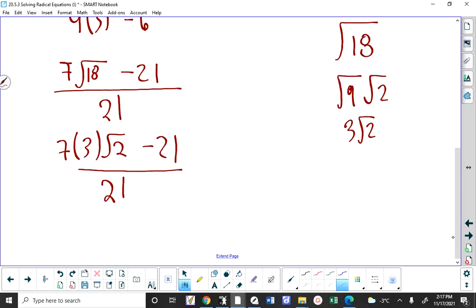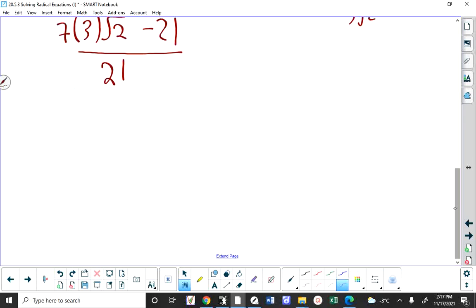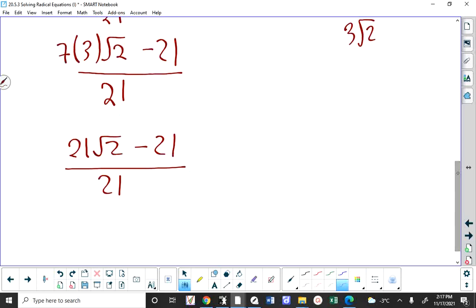Wow. We end up with 21 root 2 minus 21 all over 21. I'm really hoping the answer is root 2 minus 1. Better be. Okay. And the reason is, I know a lot of you just cancel all the 21s, and I'm fine with that.